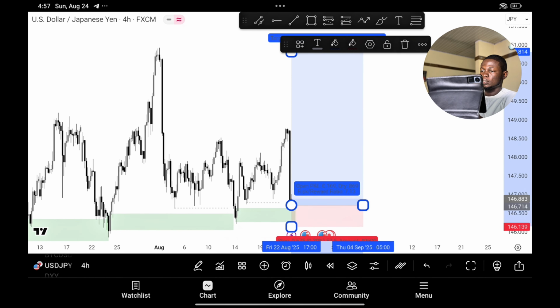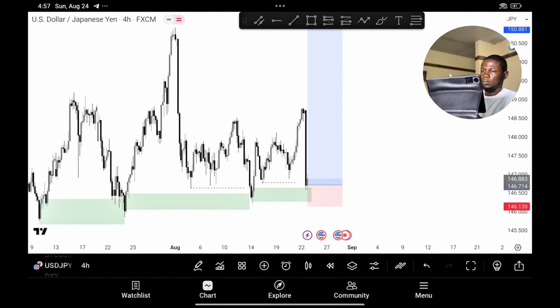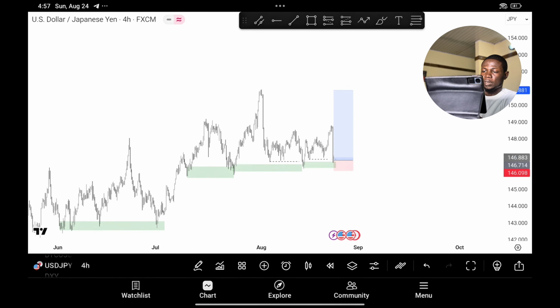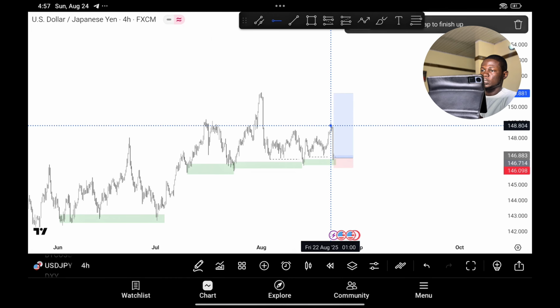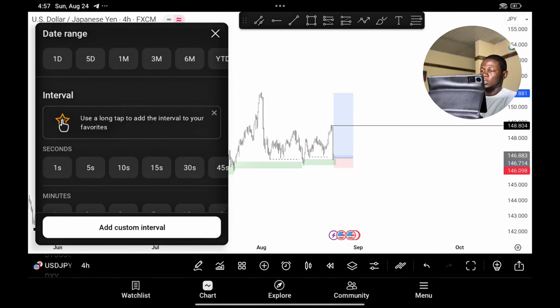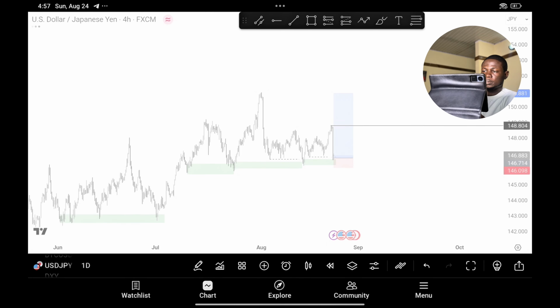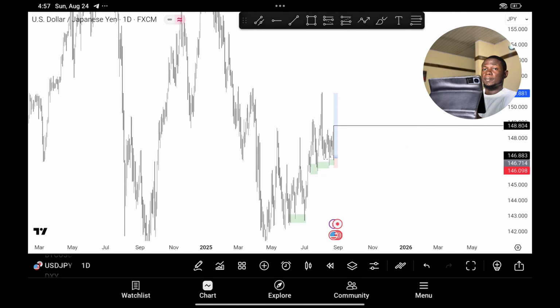I'm getting at least the highs. This is a late entry though, I didn't catch it earlier. But if you go over to the daily time frame, hold on, this will be like a first take profit.